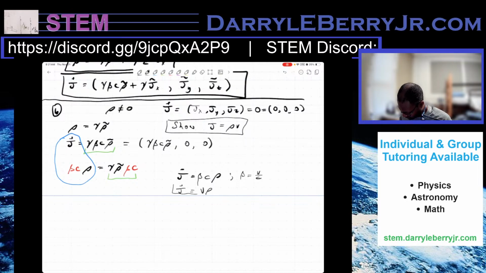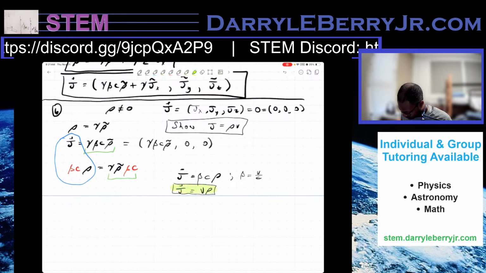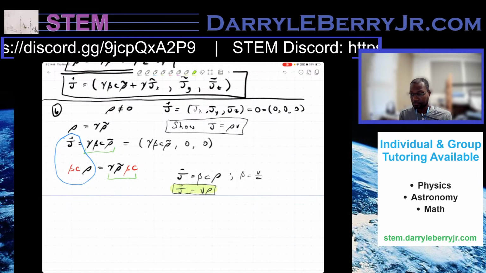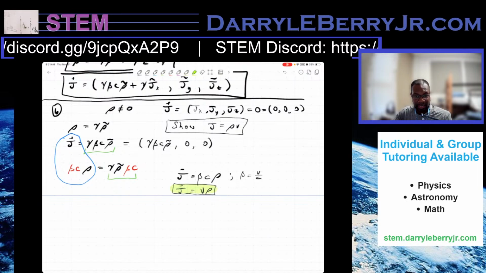So J does equal V rho. All right, so that's that. I think that completes this problem.